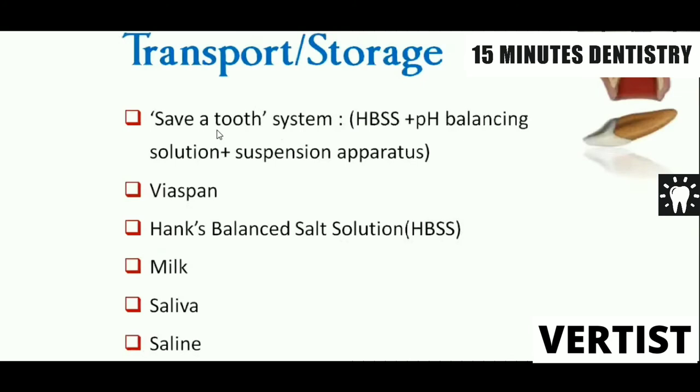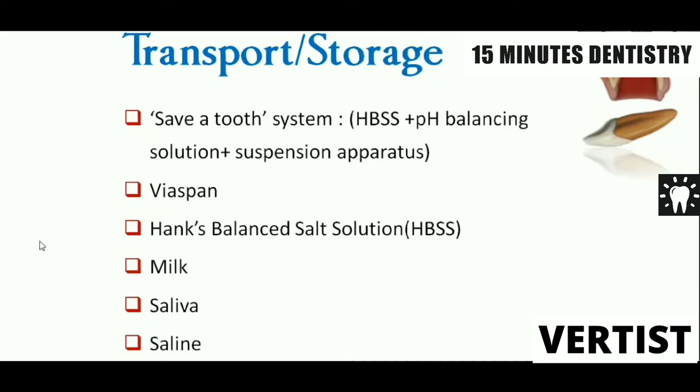There are different storage media available for transport of an avulsed tooth. The best system is the Save-A-Tooth system, which has Hank's balanced salt solution, that is HBSS, plus a pH balancing solution and a suspension apparatus. The suspension apparatus prevents further physical trauma to the tooth. Then you have Viaspan, Hank's balanced salt solution, milk, saliva, and saline.